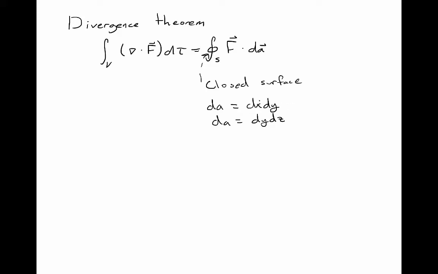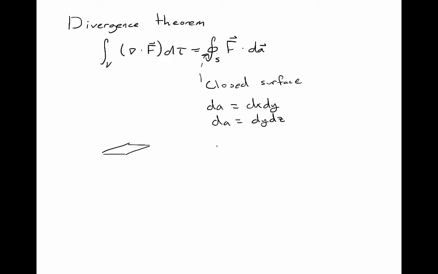So let's talk a little bit more about what I mean by closed surface so we can understand what that means. An open surface could just be, these are 3D drawings, say you have a square. You could do an integral of a vector field over a square.